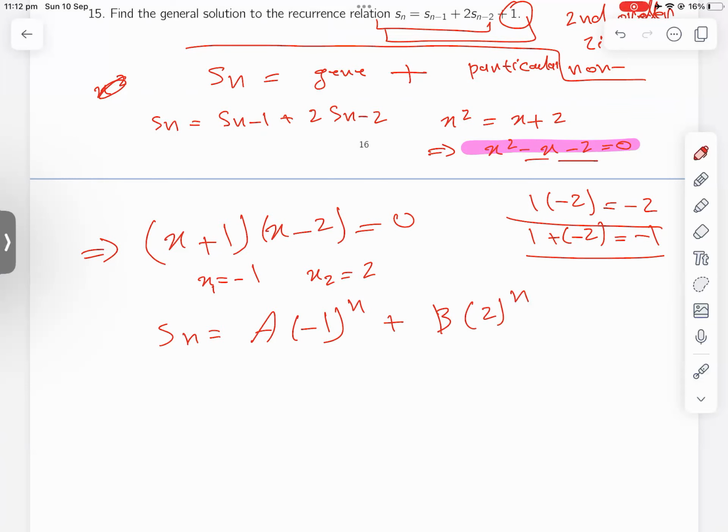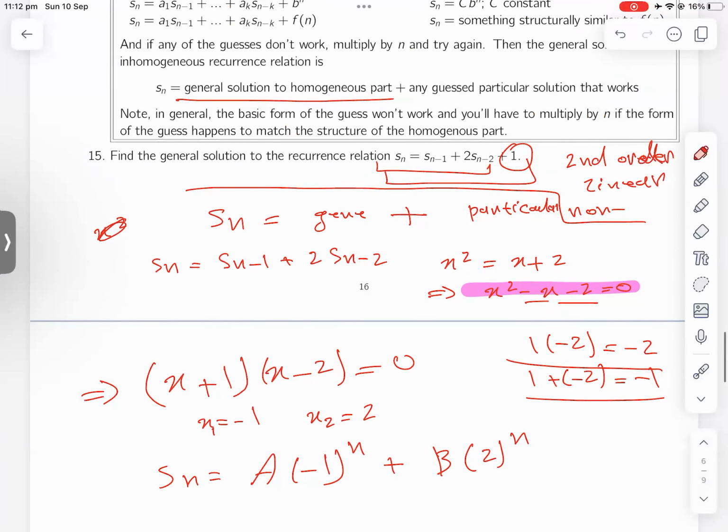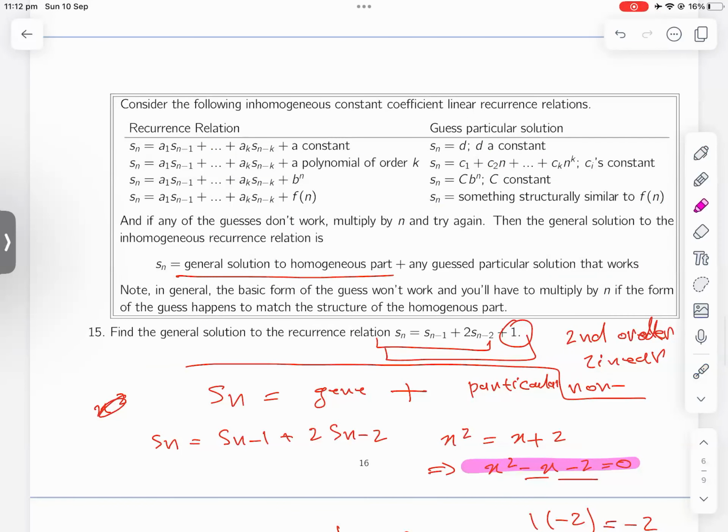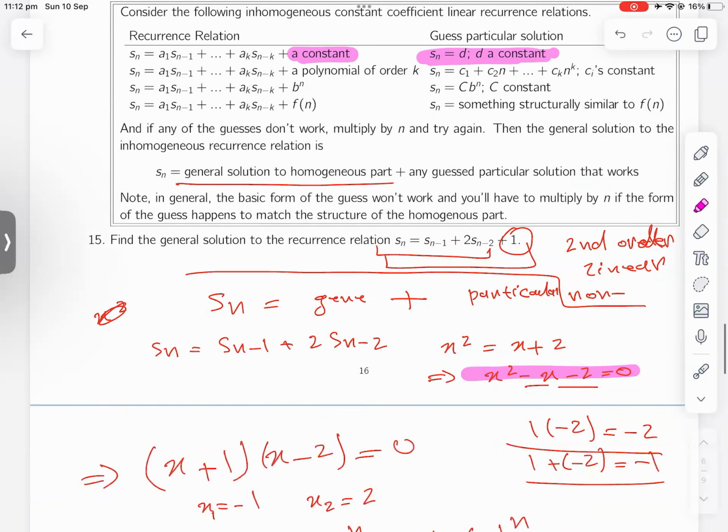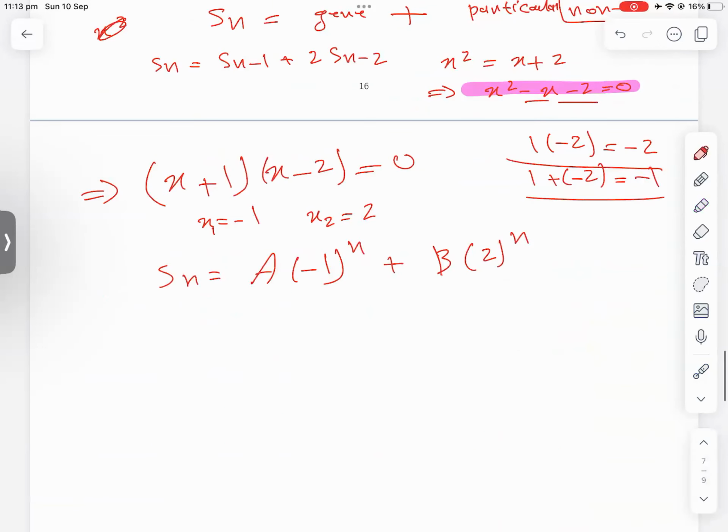Now, the particular solution, now we are after this part. Let's have a look at the table. When the non-homogeneous part is a constant, we will choose Sn to be D. We will try to figure out what D is.